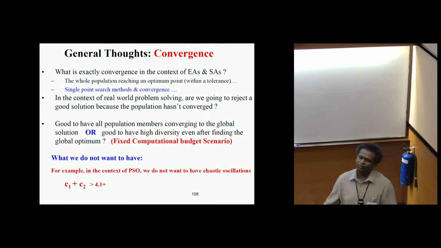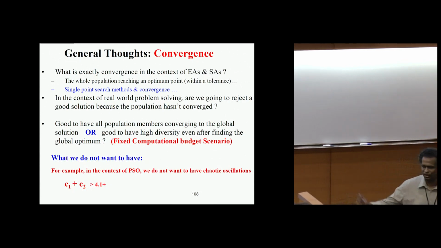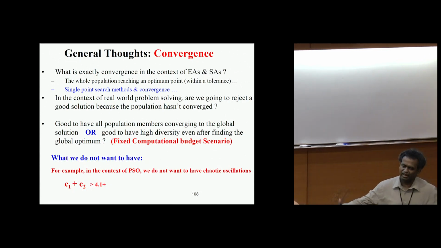And that is the case when you solve a real practical problem. So when you work with population-based methods, can you have the diversity? Are you able to control the diversity of the population? And this logic is for this particular situation, fixed computational budget. That means you have been given 100,000 function evaluations. When you are given 100,000 function evaluations, do you want to allow your algorithm to converge in 10,000?